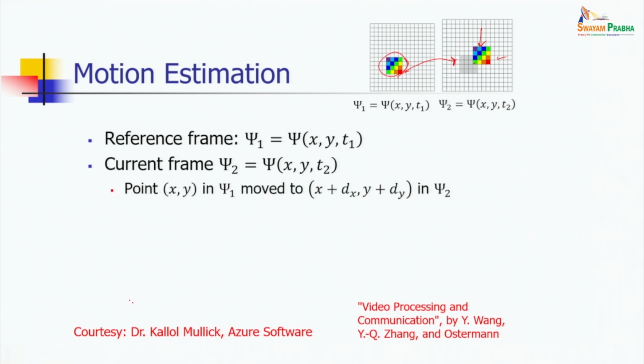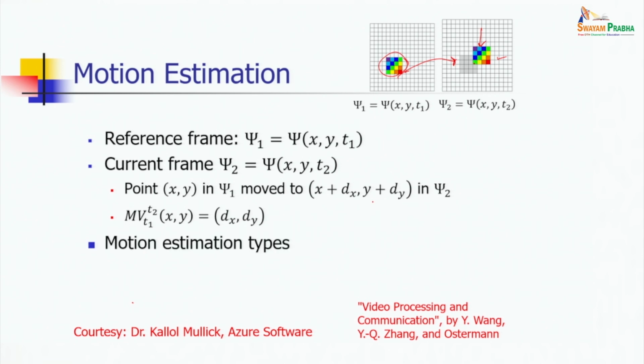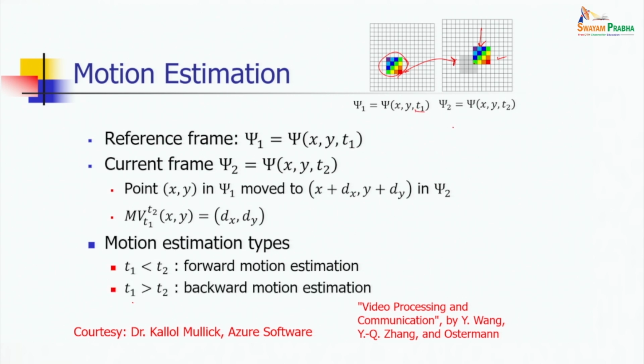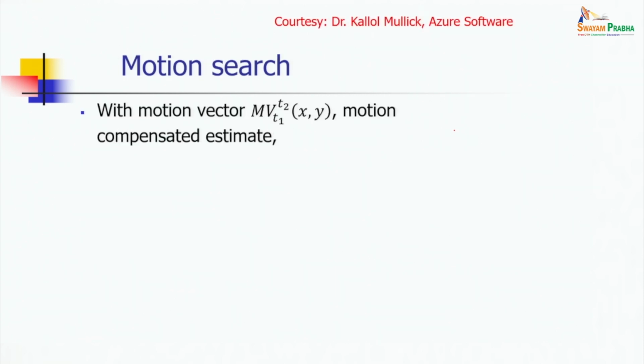So this is what happens: the point x,y in psi1 moves to x plus dx, y plus dy, and this is the motion vector dx, dy. Motion estimation types could be, as I said, forward motion estimation if t1 is less than t2, otherwise backward motion estimation.